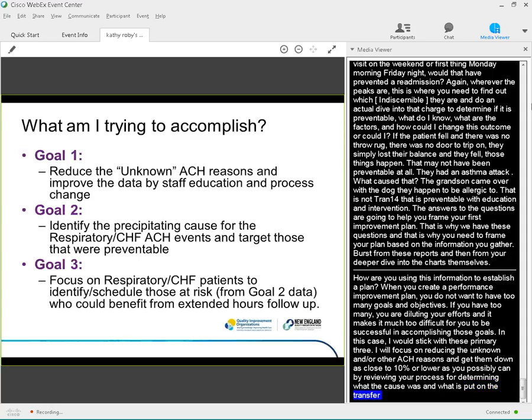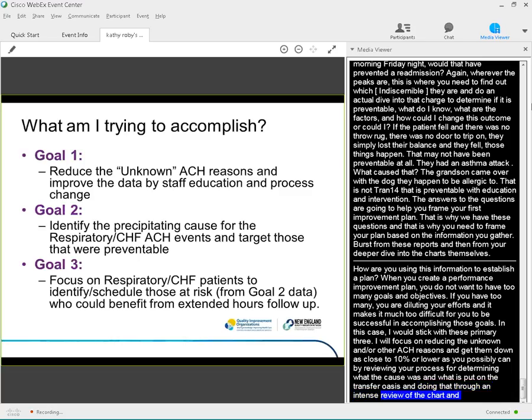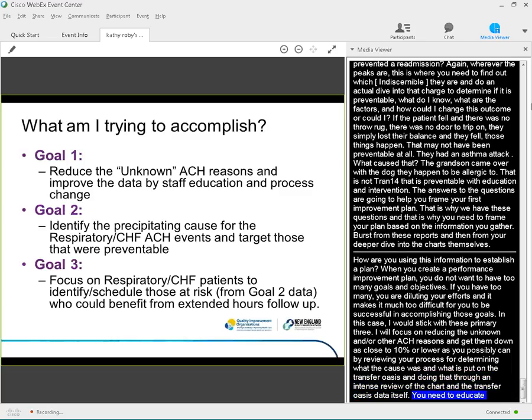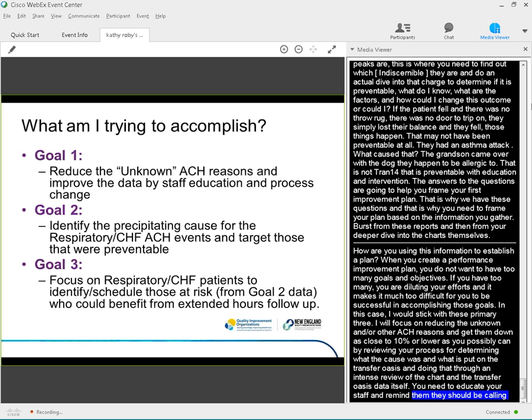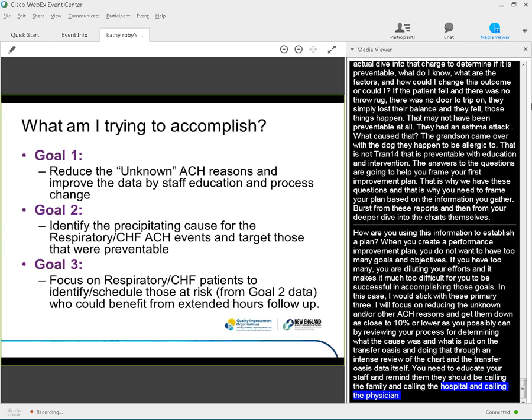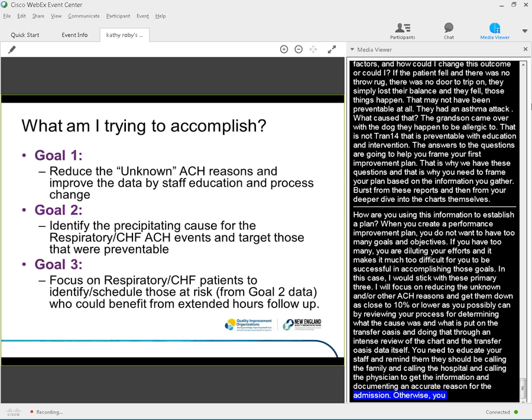You need to educate your staff. Remind them they should be calling the family, calling the hospital, calling the physician to get the information and documenting an accurate reason for the admission. Otherwise, you don't have valid data, and you can't build a plan on unknown and other.